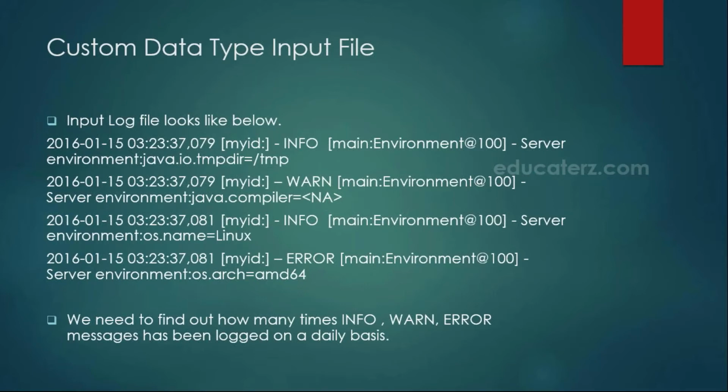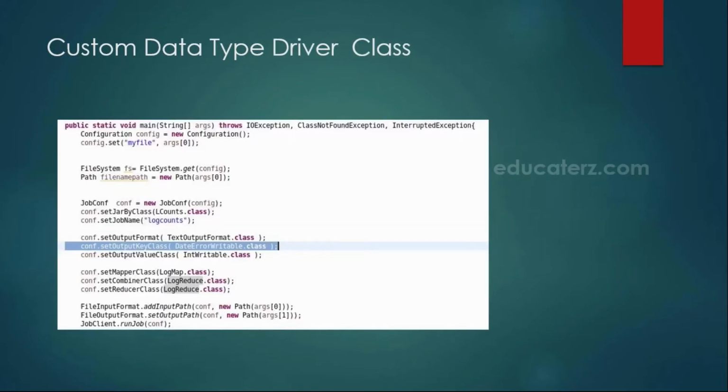For that purpose, the driver class is the same as all the other driver classes. The only difference is that we will be setting up the output key class. In earlier programs, when we set up the output key class, we used to define it as IntWritable, FloatWritable, DoubleWritable, or Text.